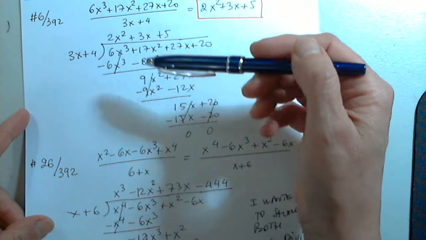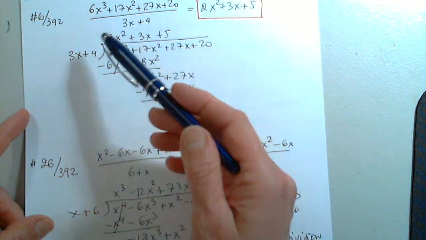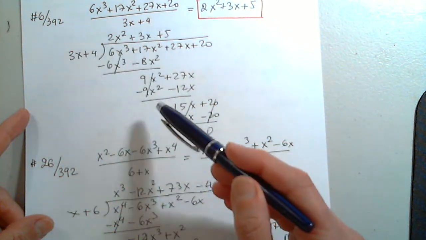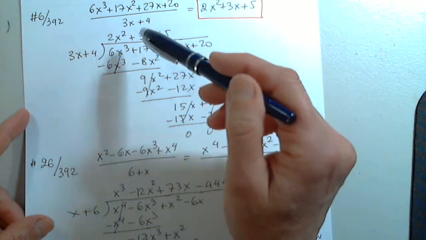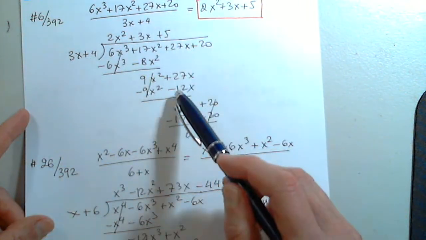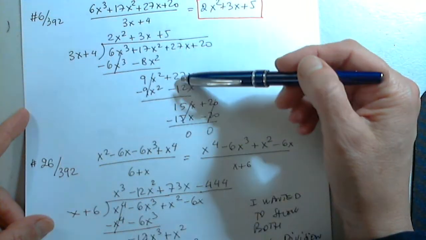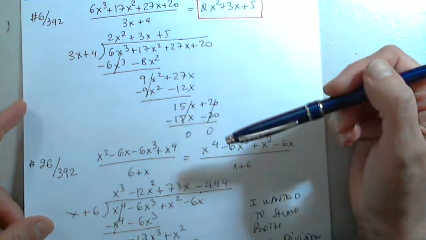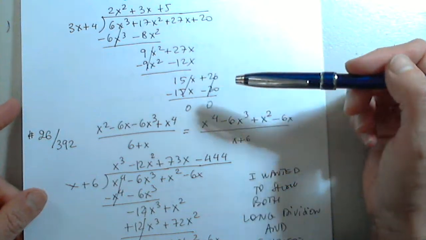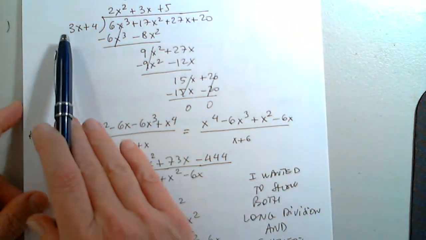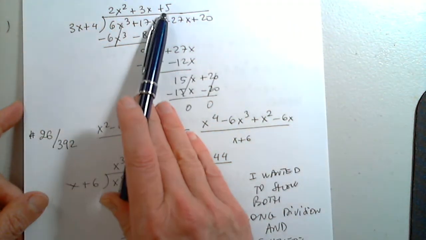3x times y is 9x squared, is positive 3x. Go back. Positive 9x squared, subtract. We always have to change the sign when we write underneath. So 3 times 4 is 12, change the sign. So 27, of course, I brought down 27. So this is gone, and here we have 15x. Bring down the next in line. 3x times what is 15x? Positive 5.